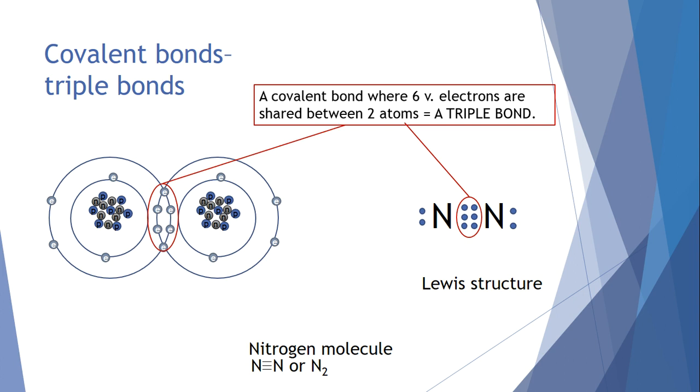A covalent bond where we have 6 valence electrons shared between 2 atoms, that's a triple bond. If we write it using a Lewis structure, we can write something like this. Again, shared electrons side by side. And we can see that this nitrogen has 6 plus 2, so 8 valence electrons. This nitrogen has 6 plus 2, 8 valence electrons. Okay?